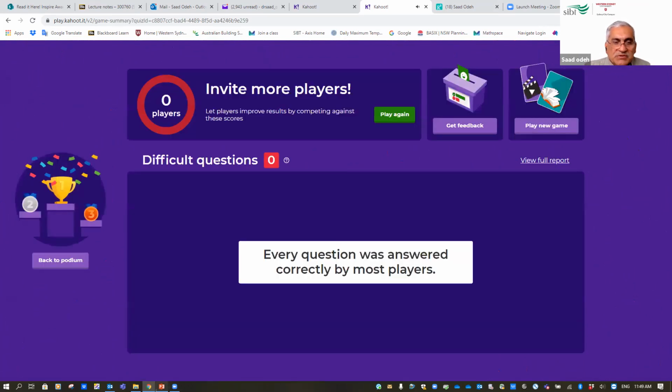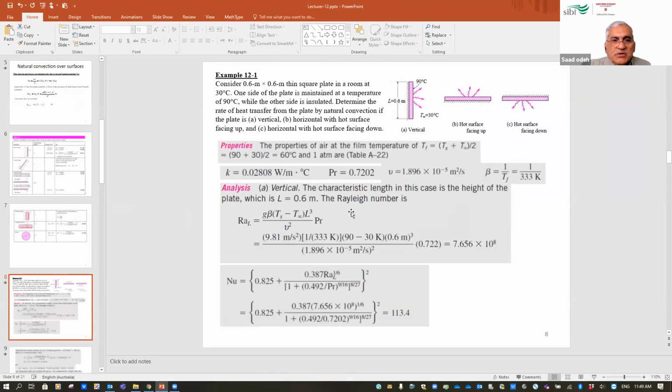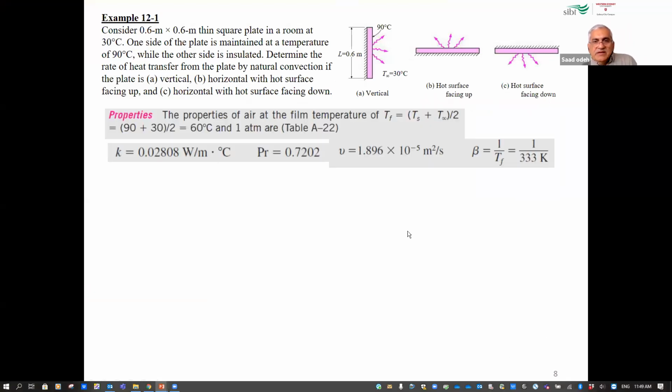Let's go back to the example. We have done the first case here in this example. As we said before, you need to find the film temperature. Everyone knows how to find film temperature now. Once you know the film temperature, you can go to table A22, because now we have air.